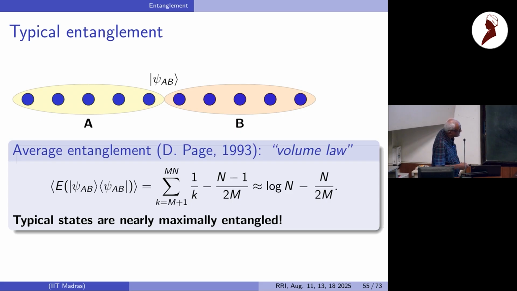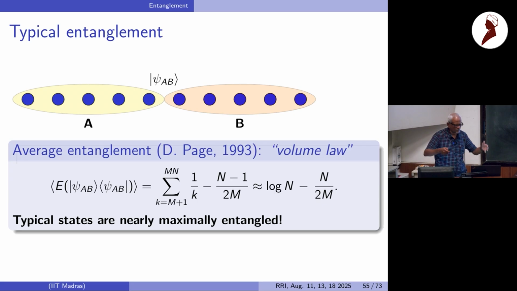Now log n is the maximum possible entanglement. So you can see that typical states, random states, are nearly maximally entangled in some sense. The average entanglement differs from the maximum log n only by a term of 1/2. And if m is going to infinity, this correction goes to 0 and the state becomes maximally entangled. It has a very simple interpretation.